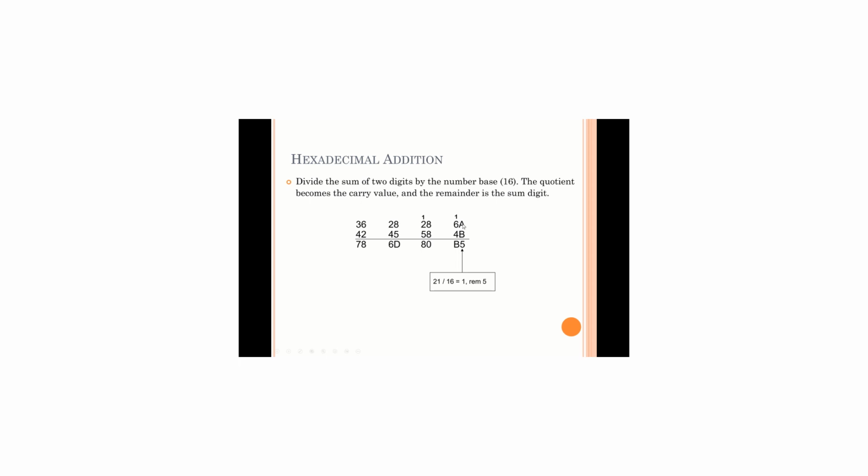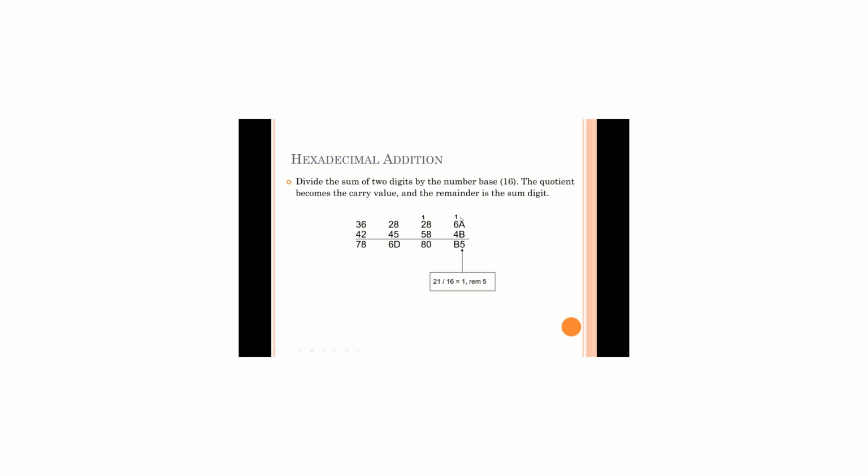A is 10, B is 11. A plus B is 21. And 21 is over 16, right? So you cannot represent the number 21 with a single hexadecimal digit.